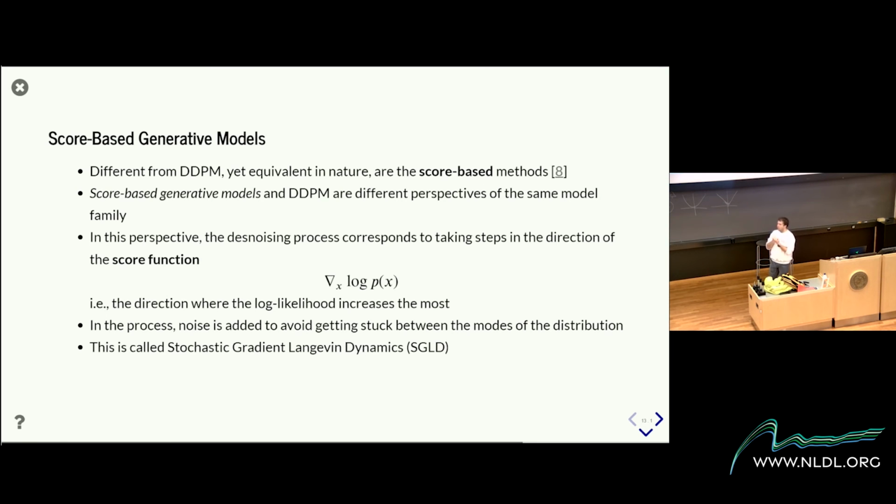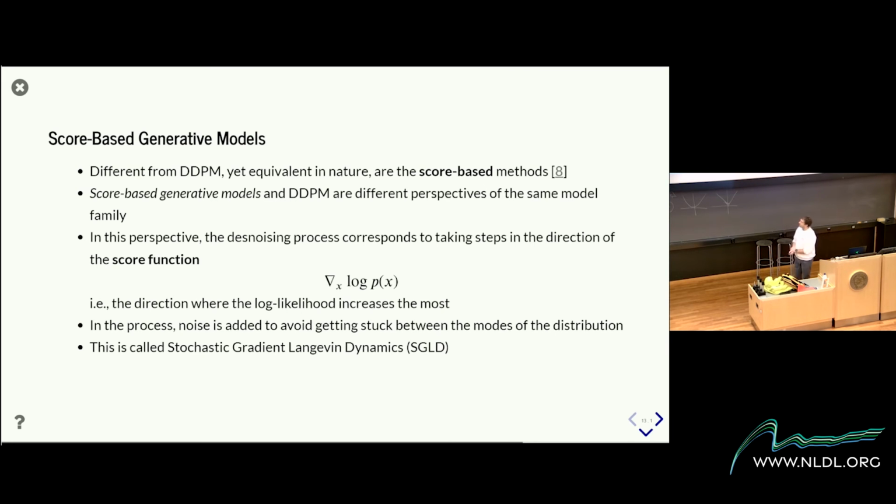So if they are equivalent, why do I even bother telling you about this second perspective? First of all, so that you are aware of it, and when you read about score-based methods, you know that they are actually the same thing as the Denoising Diffusion Probabilistic Model. The second thing is that talking about conditioned generation is a bit easier in this second perspective. So we will use it to introduce this concept.